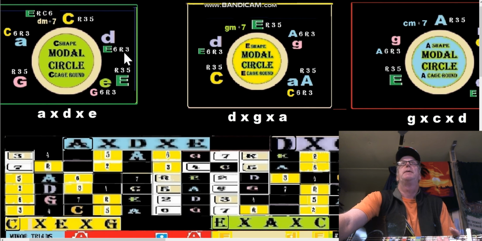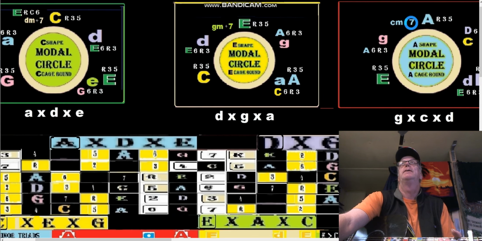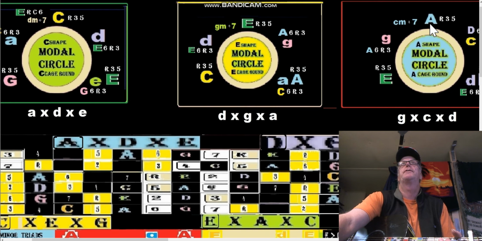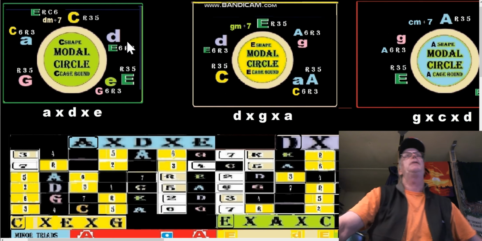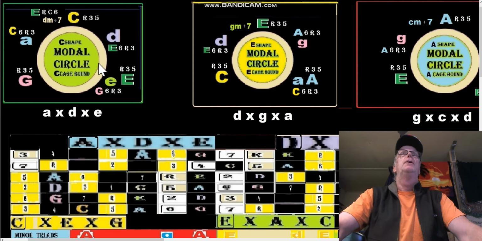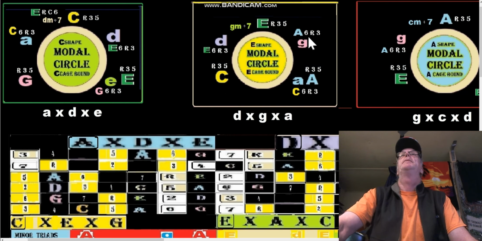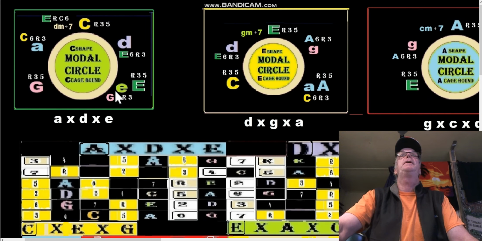However, I'm doing the shapes here. I think it's C, E, A, so it's going in fourths here. The fourth of C. And by the way, I want to tell you something. When you look at the CAGED circle, now we've got enough of the circles here, we can use this.